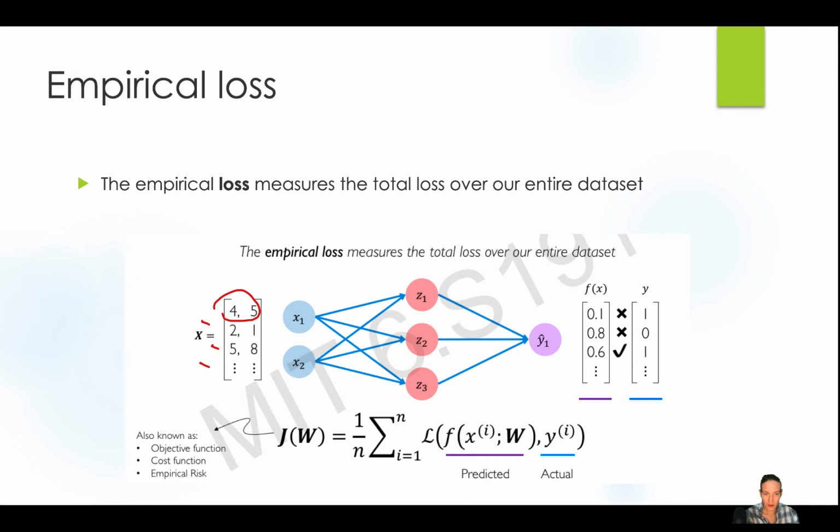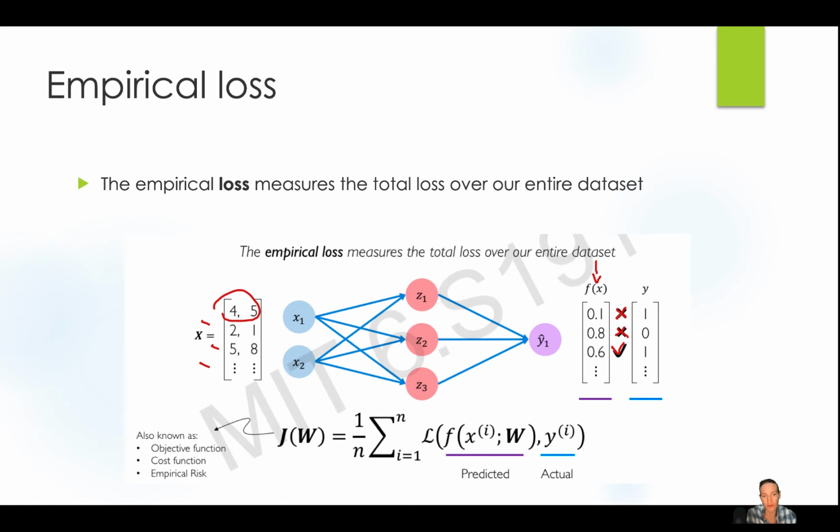Now, if we feed all these inputs through the network, we get a set of outputs, f of x. And for each of these outputs, we see, do they match? Yes or no? Okay.